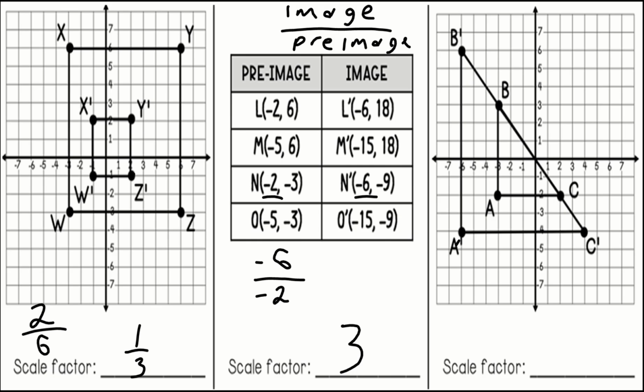I take my image, A prime is at -6. A was at -3. So what's 6 divided by 3? 2. That's it. All right, so that's finding scale factor. When you find scale factor, you're dividing the image by the pre-image.